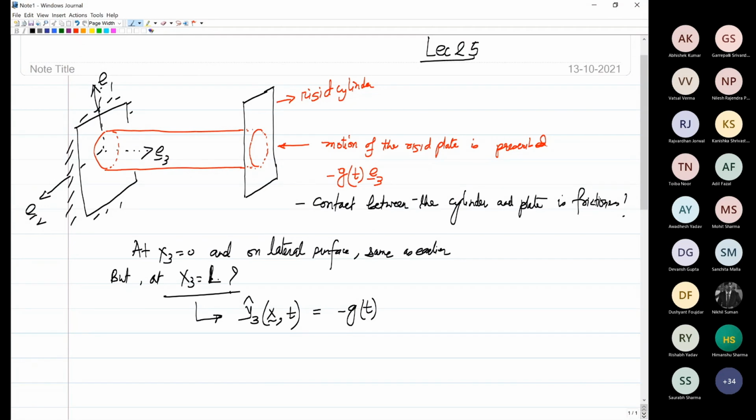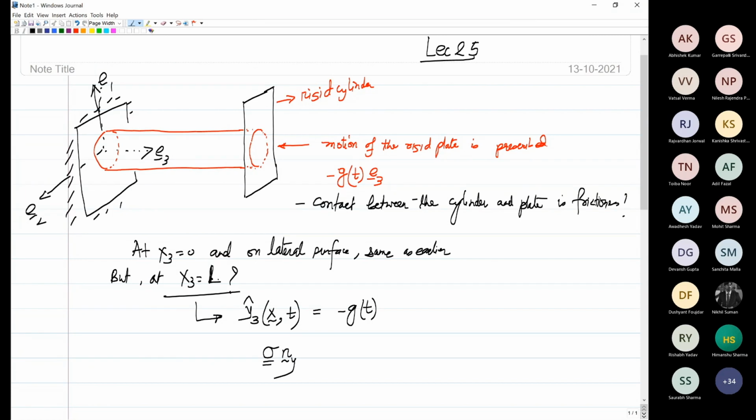Now the stress tensor there is sigma, and the normal is ny. So we don't know this in total because we don't know how much is the axial component of traction that gets exerted on the beam.